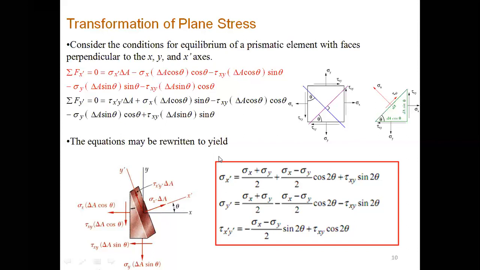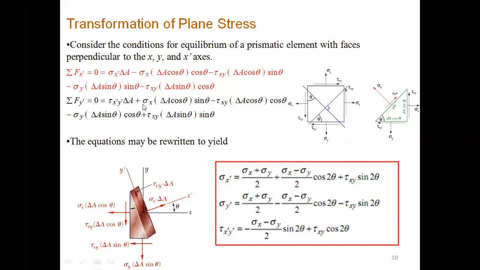Simplifying that, for sigma x prime you would get an equation in terms of sigma x, sigma y, tau xy, and theta. Similarly, if you look at this equation, each and every quantity has delta A, so divide the equation throughout by delta A. So delta A would be eliminated. And if you look here, we have tau x prime y prime, and it is positive.